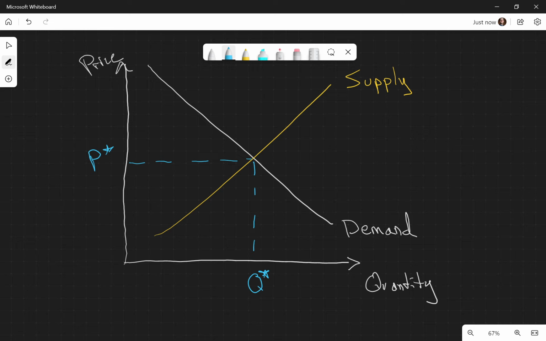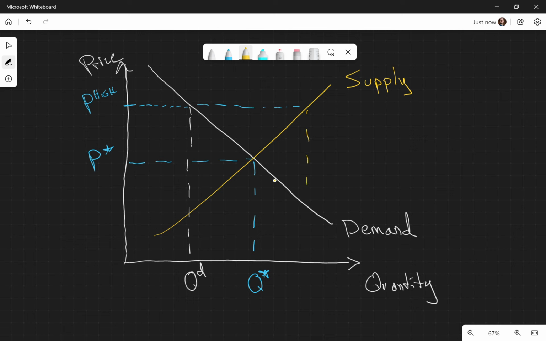So, for instance, if the price were up here, the price is too high, we found that the quantity demanded would be much lower, much less than the quantity supplied.